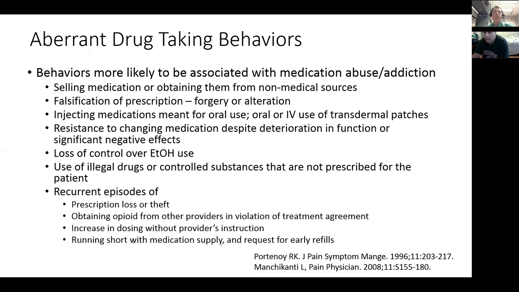However, when we begin to see problems that we often relate to significant misuse and abuse, or the potential for going down the rabbit hole of addiction, these are times where we really need to step in and either shorten the leash very short or talk about the need for the patient to be seen by another provider.